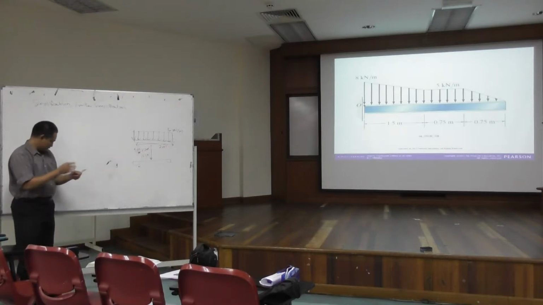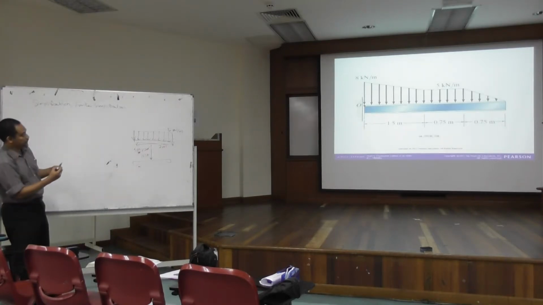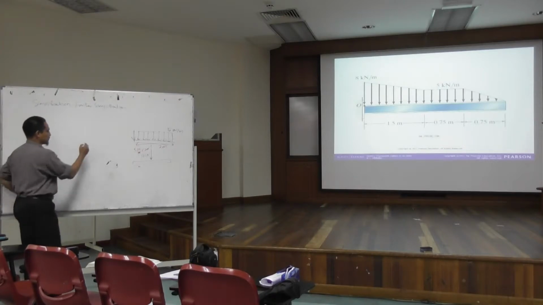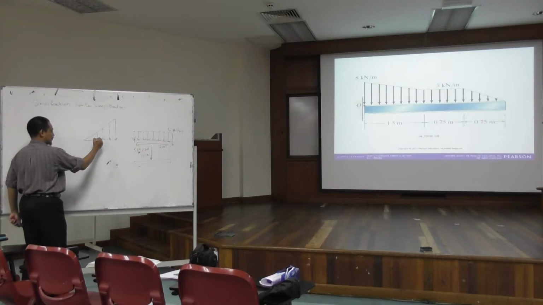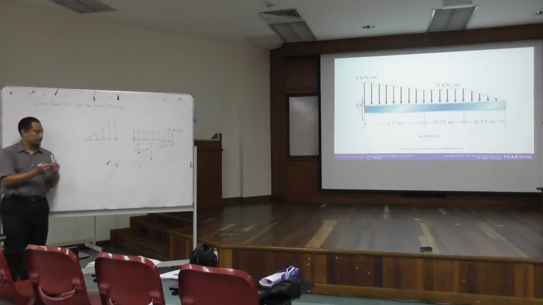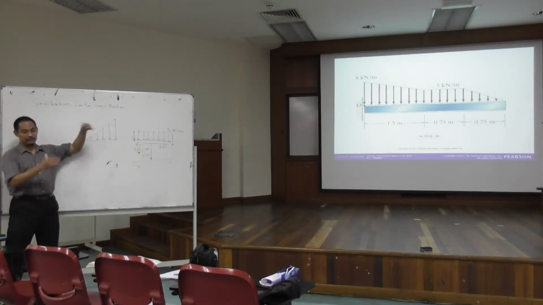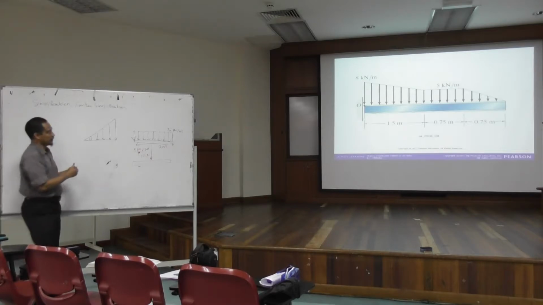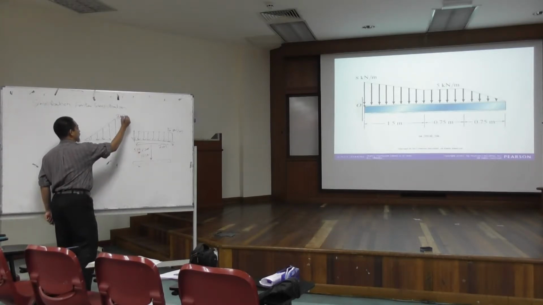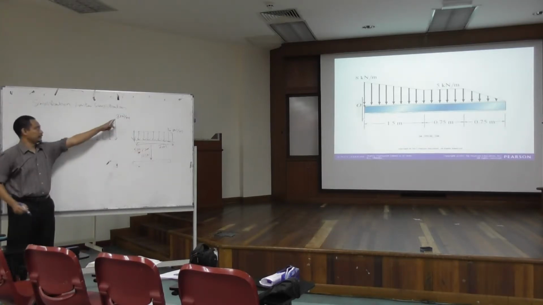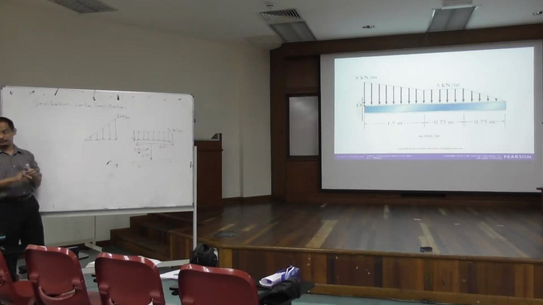And that's another one. If we have something like this, like a triangle, meaning it's distributed such that at one end it's 0, and at the other end is the maximum value. Like, let's say 3 kilonewton per meter at that point, and at this point is 0, right?